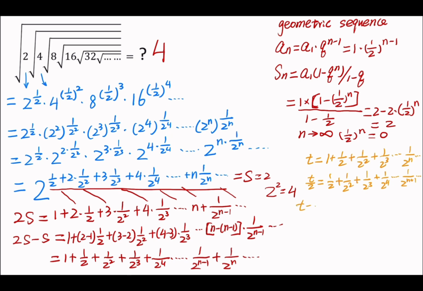Then t minus t over 2 equals, so this one minus this one 0, this one minus this one 0, this one minus this one 0, and this one minus this one 0. So it is actually equal to 1. Then t equals 2. All right.